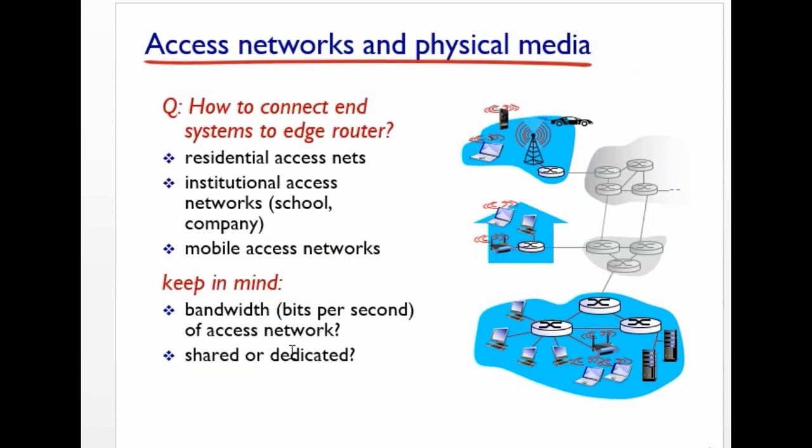Then access networks and physical media: how to connect a system to the edge router, residential access nets, institutional access. These are all the things. How does your router provide you the internet? It carries the signals from the towers. Then institutional networks.